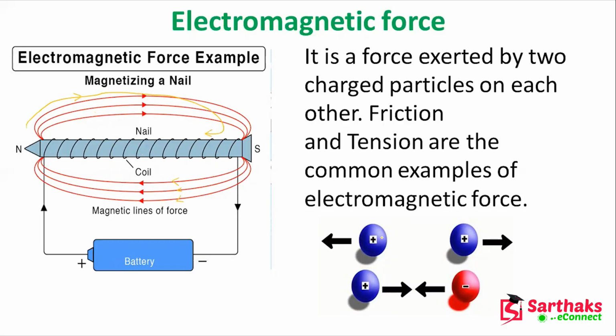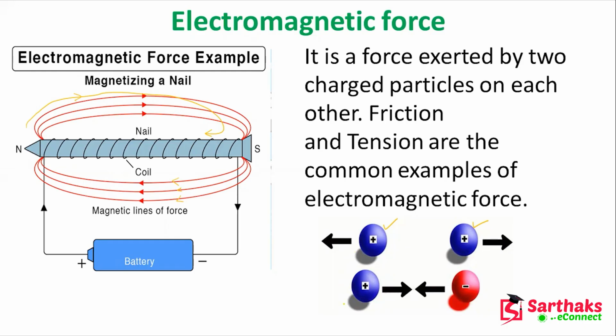If you have two charged particles, this is a positive charge, this is a positive charge, there is some force acting on this. Maybe attraction or maybe some other force, that means they will pull each other or they will push each other. But there is some force exerted by two charged particles on each other. So this is the electromagnetic force.